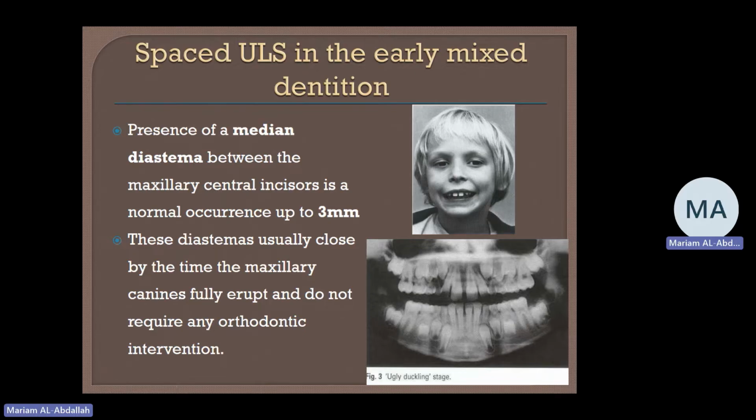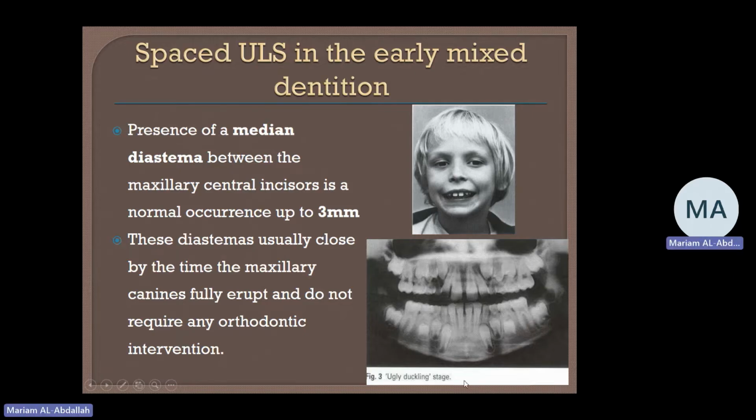At this stage in the upper arch, the canine that has the longest path of eruption is guided by the distal surface of the root of the upper laterals. So it's normal that it is pushing slightly and gently against the root, and this ends up with flaring of the upper labial segment. So in the early mixed dentition, it's normal to have a spaced upper labial segment.